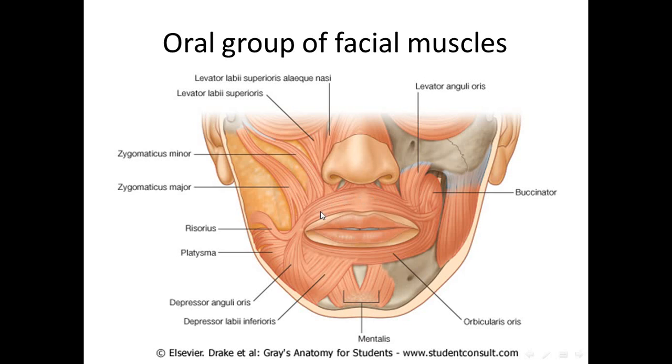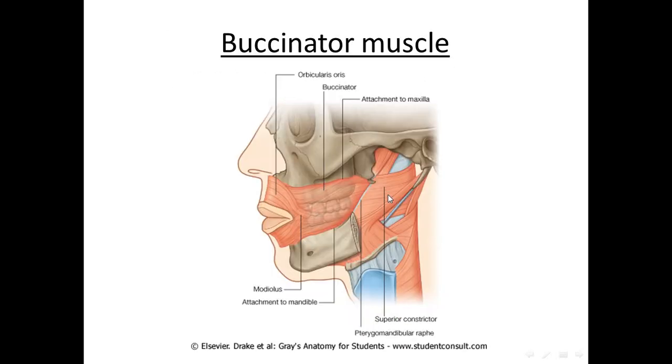The oral group includes the orbicularis oris, which is this round muscle around the mouth opening. And then another big one is the buccinator, which is this one on the lateral view.